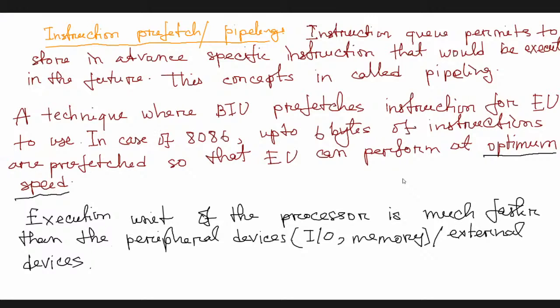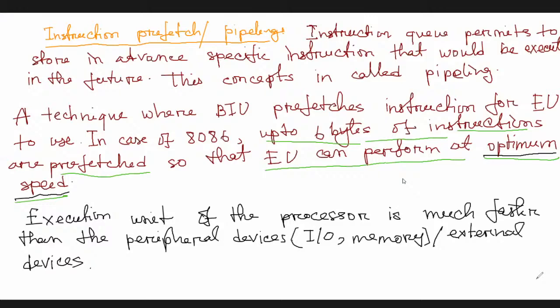That's why the processor fetches instructions beforehand: 6 bytes are prefetched so that you can perform at optimum speed.